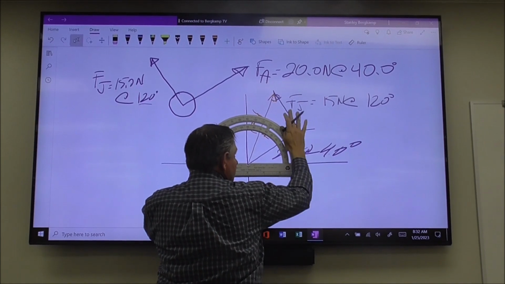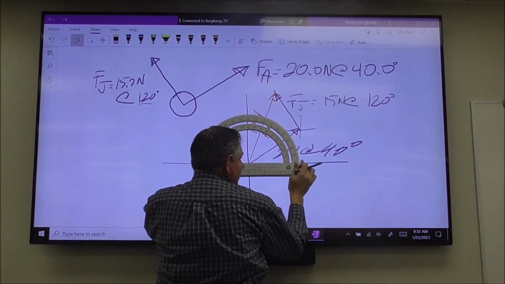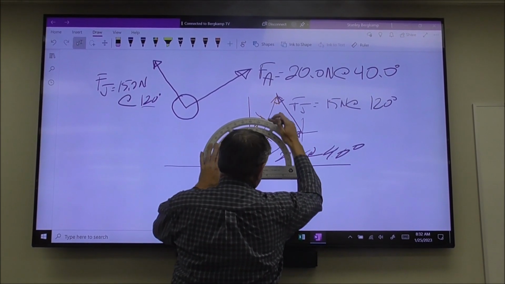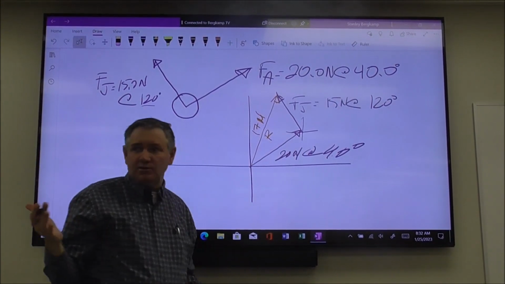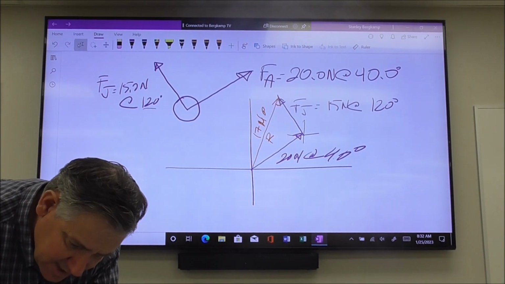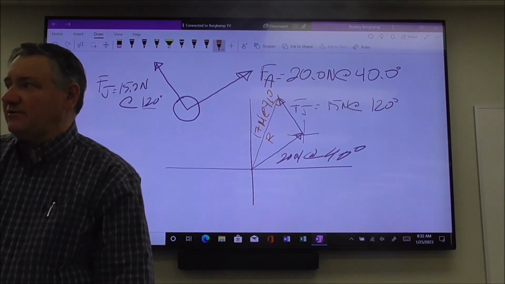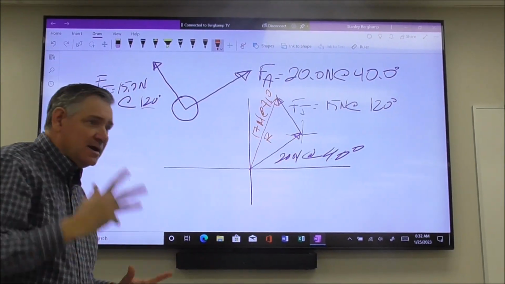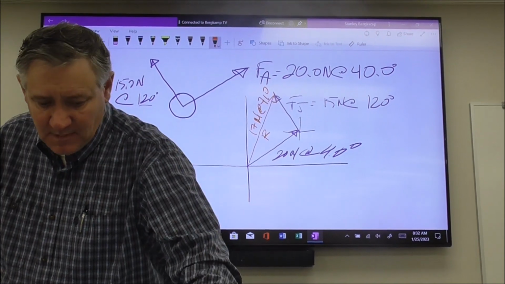This has nothing to do with it. When you're measuring that angle, you're going to start right here, and you're going to measure counterclockwise. So in this one, I had like 71 degrees. So I'd say 17 newtons at 71 degrees, okay? Whatever that is. And again, here's the idea.